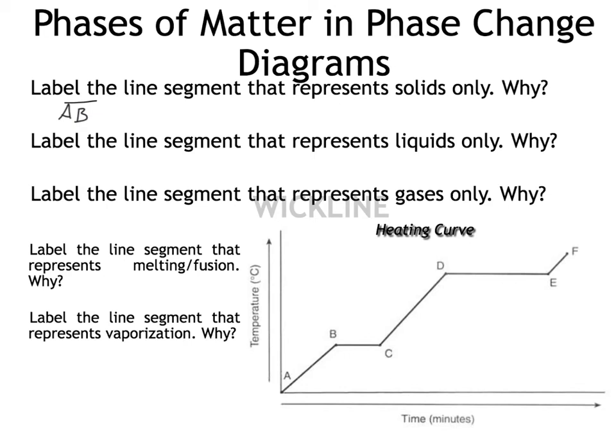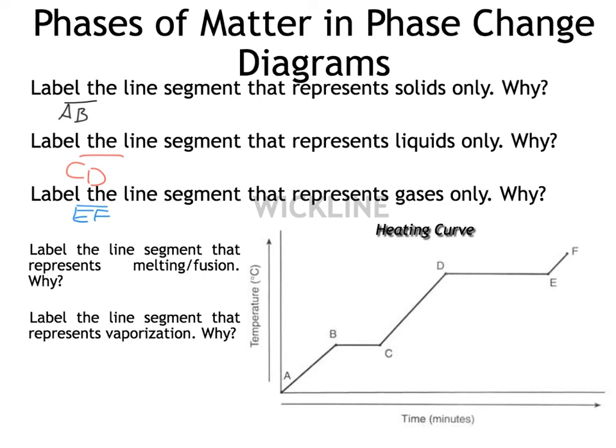Similarly, the line segment that represents liquids only would be line segment CD. And it's similar to the solids line, just in a different position. And lastly, the line segment that represents gases only is this line segment, EF. And it has the most energy of all of the phases present on the graph, and that's how I know that it must be gas.